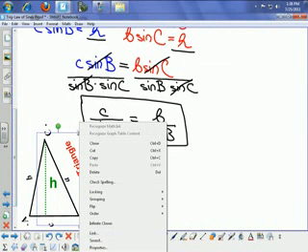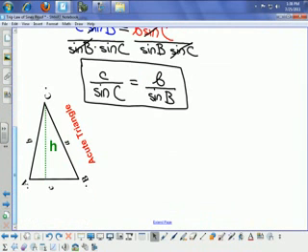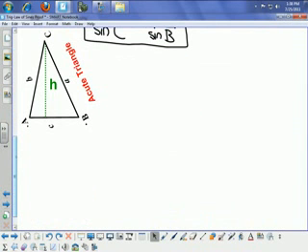Just extending it. So there's my new triangle. Actually the same triangle, just rotated. And when we drew in that height, notice we created a right triangle where again, the height is a leg, and side b is the hypotenuse.